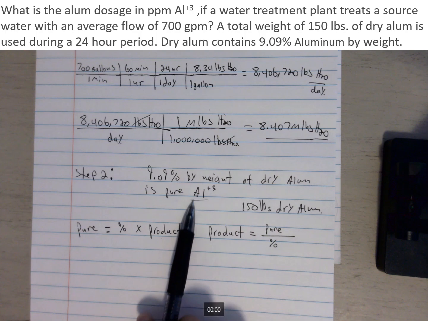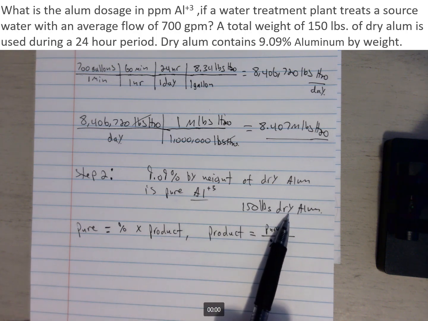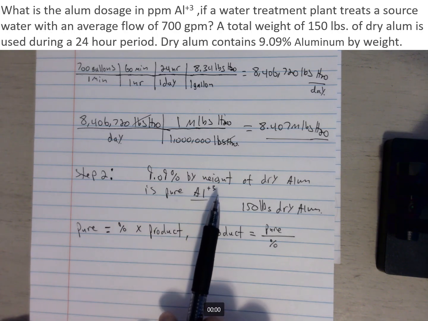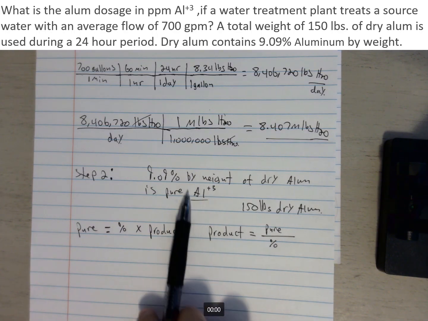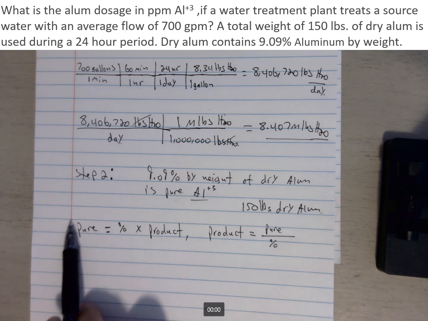In this case, we are given the product as dry alum. We know that 9.09% of that weight is pure aluminum ion, and that's what we want to find. Our problem statement is asking us, what's the part per million in aluminum ion? So we're trying to find the pure.